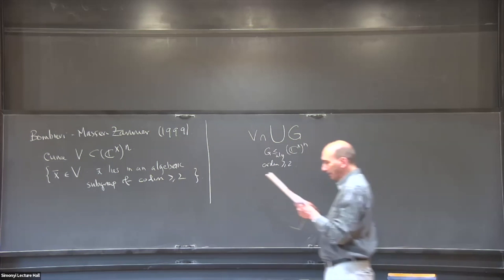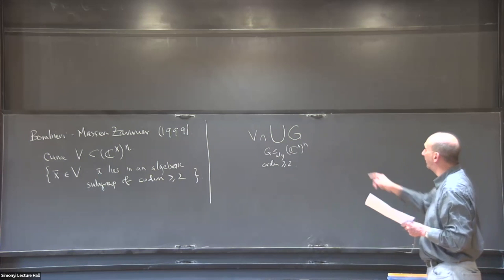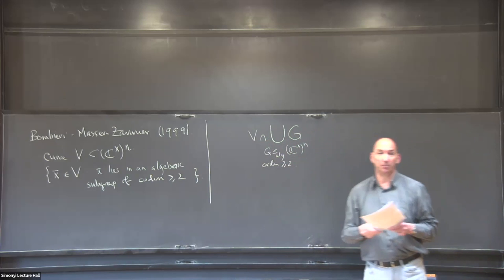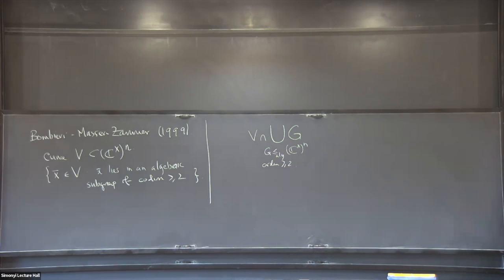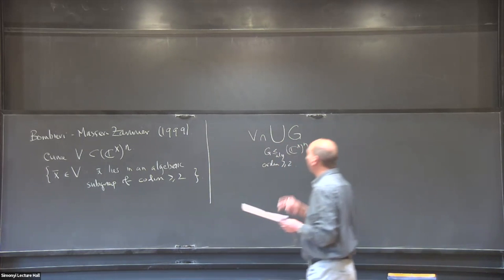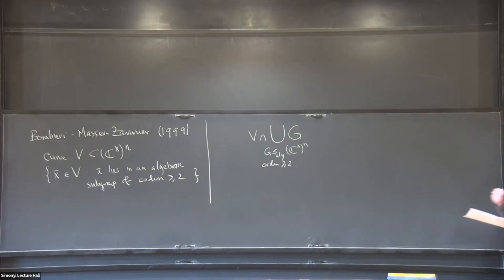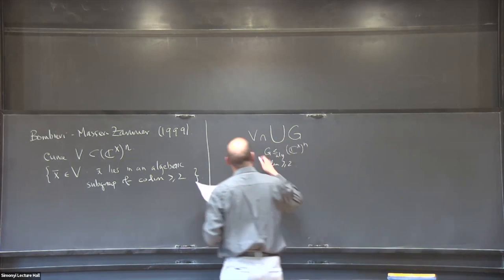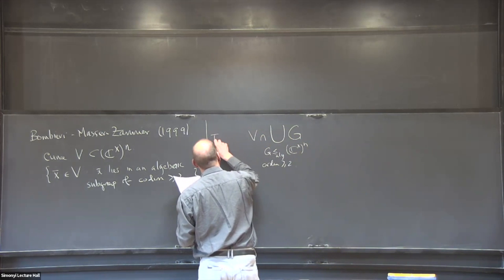And the condition is that V is not itself contained in a proper algebraic subgroup of the torus. That's a necessary condition, because otherwise you only need to impose one more condition, and then you'll intersect infinitely often with the curve. So they proved the theorem under a slightly stronger condition, that it's not contained in any coset.